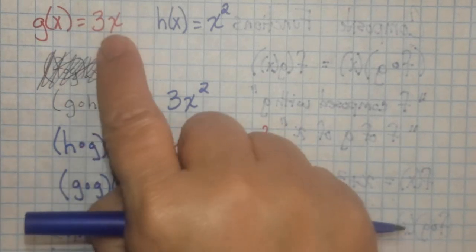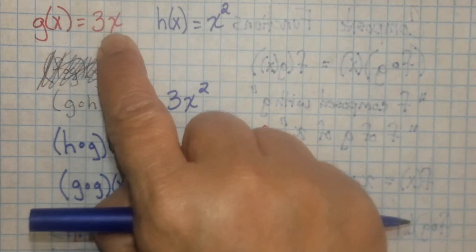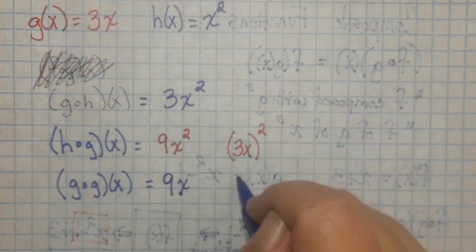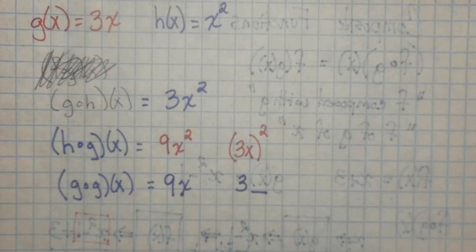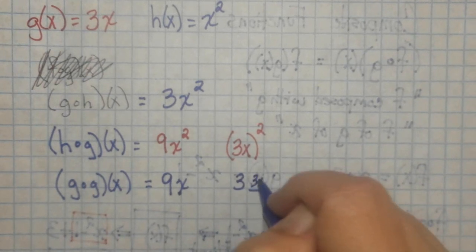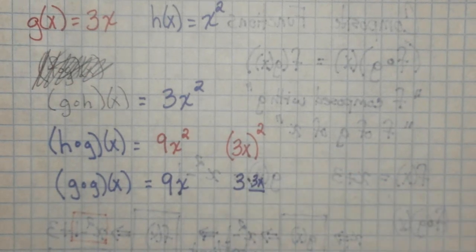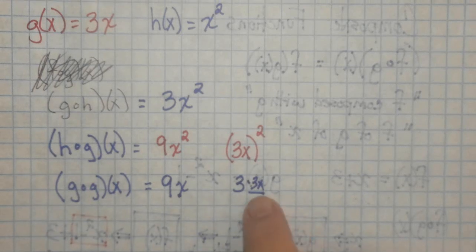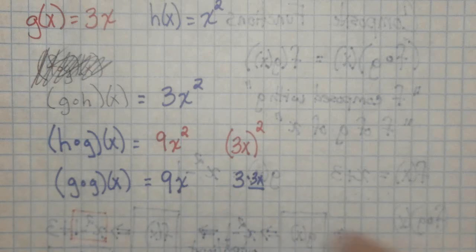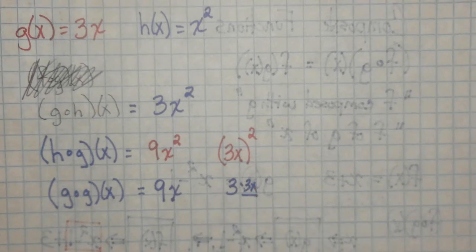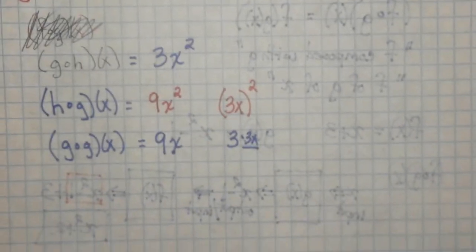Plug in x for g of x. You get 3x. So then take your framework. It says 3 times my input. But my input is 3x. So that's 9x. So sometimes, like putting a little line for the input or putting the input in a different color, I don't think you have to go through drawing those boxes, but if that helps you to see the progression, sometimes just little lines or different colors can also be helpful little techniques.